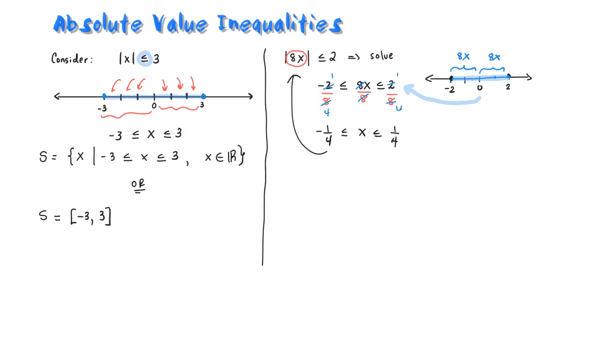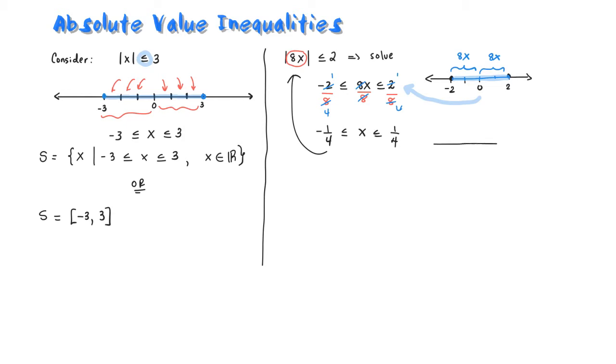So the actual solution set, please know that this is not the official solution set of the inequality, because this is a statement about 8x. The solution set must be a statement about x. So this is the actual solution set of the inequality.